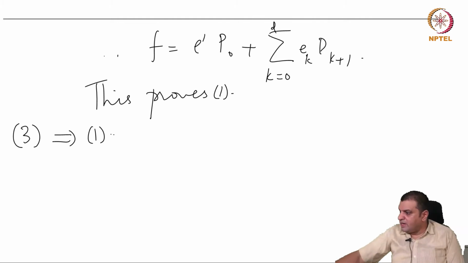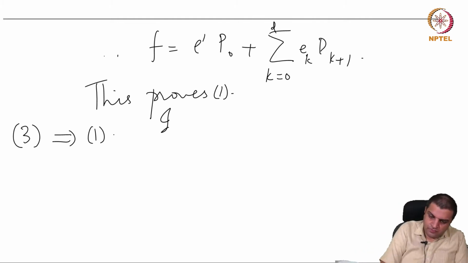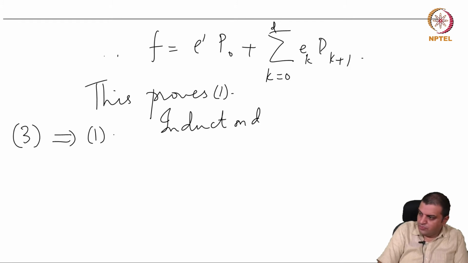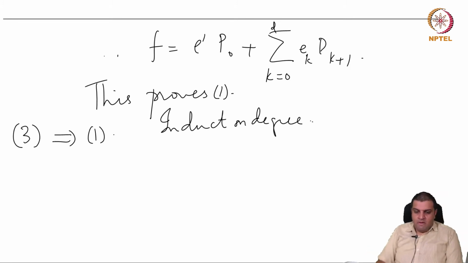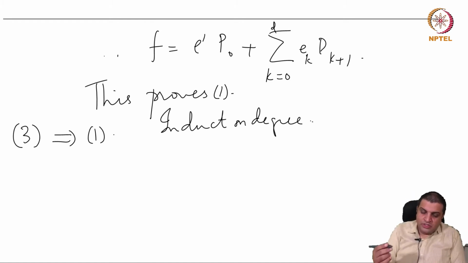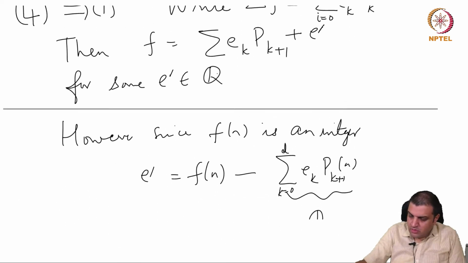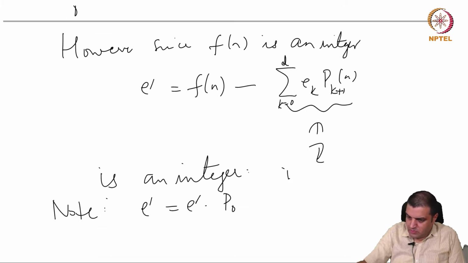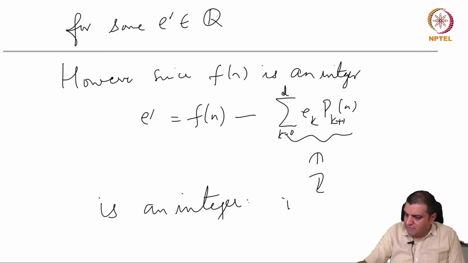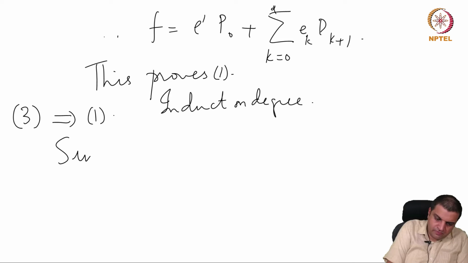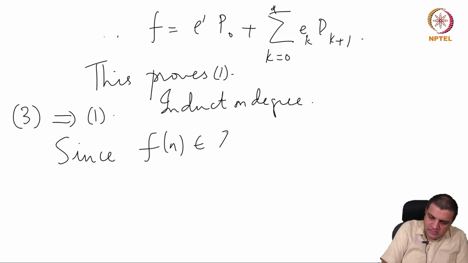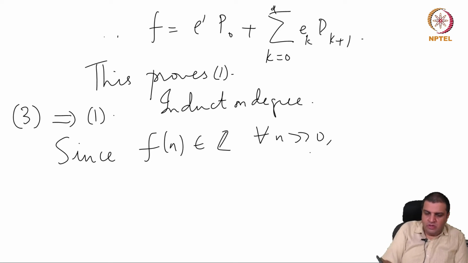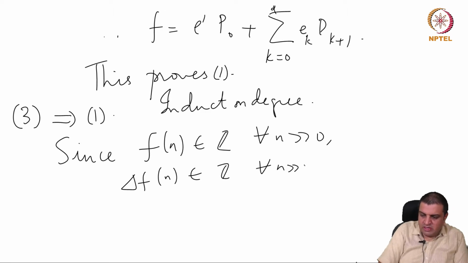Okay. So now we prove that 3 implies 1. This is done by induction on degree. So the assumption is that f of n is an integer for all n sufficiently large, so delta f of n is an integer for all n sufficiently large.